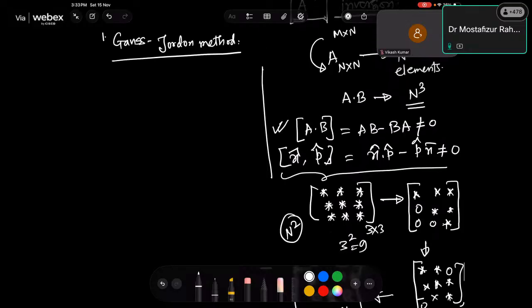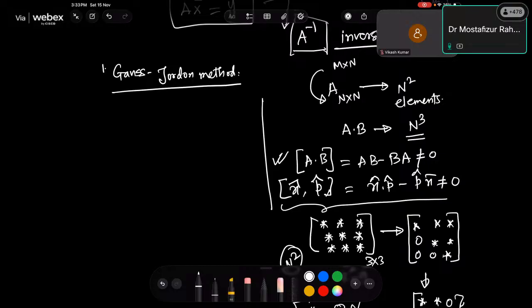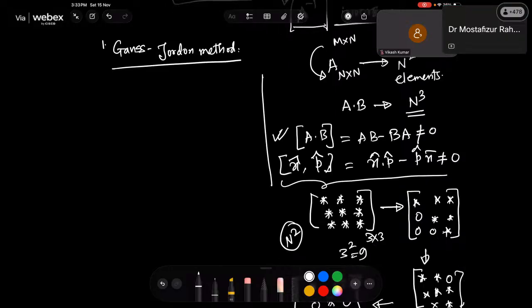And let's start with the very beginning, that is called the Gauss-Jordan method, or Gauss-Jordan elimination method, right? So what we do is something like this. If you have a matrix A, then first we make an augmented matrix A and I. Suppose A is n cross n, so the identity is also n cross n.